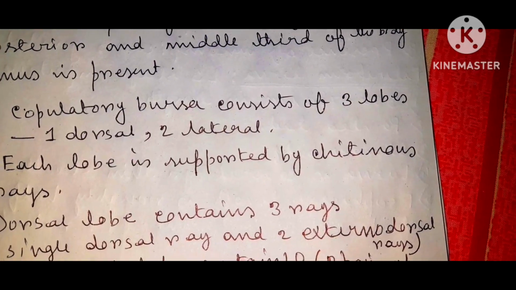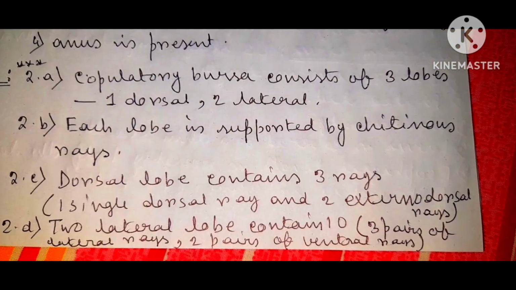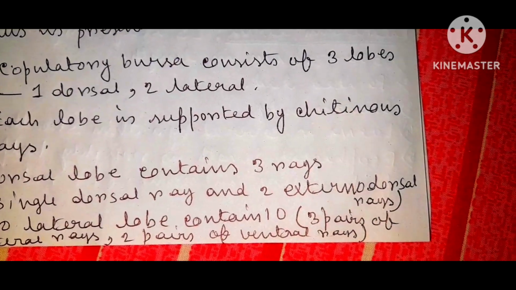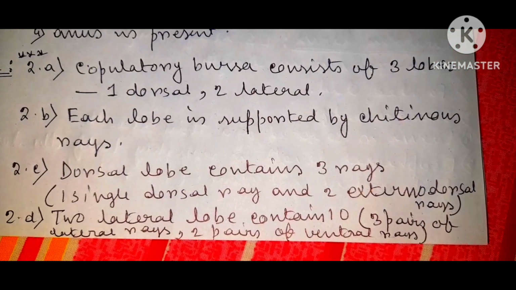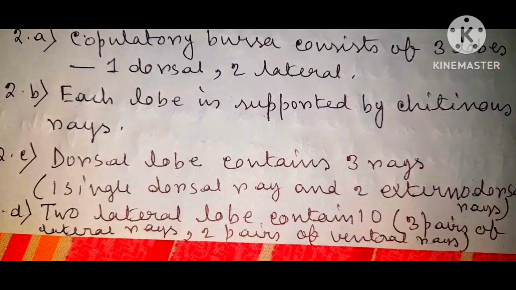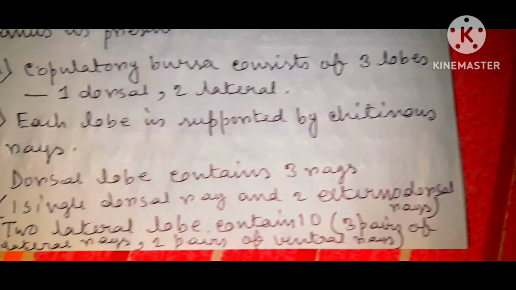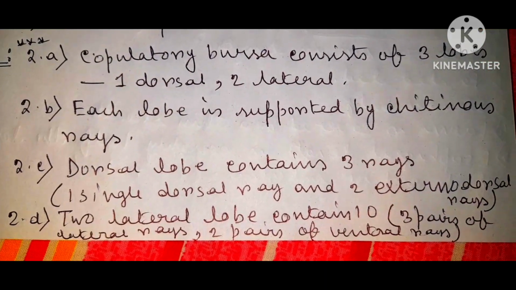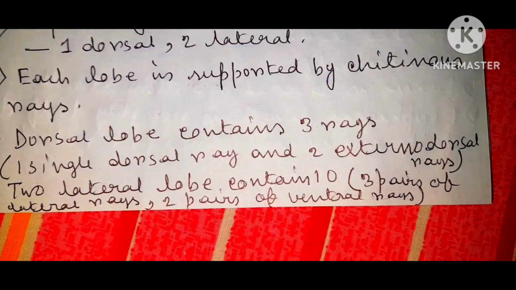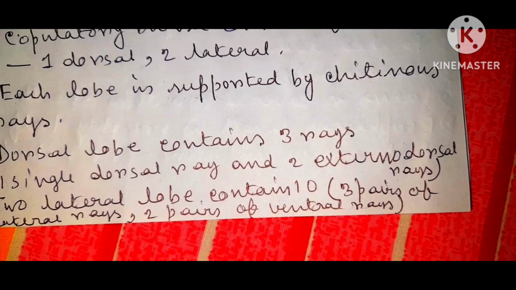Copulatory bursa consists of 3 lobes, 1 dorsal, 2 lateral. Each lobe is supported by chitinous rays. Dorsal lobe contains 3 rays, 1 single dorsal ray and 2 externodorsal rays. Each lateral lobe contains 5 rays: 3 pairs of lateral rays and 2 pairs of ventral rays.